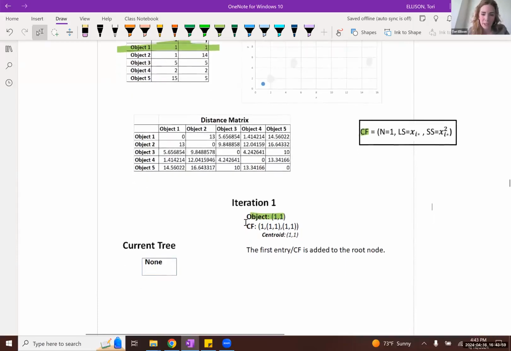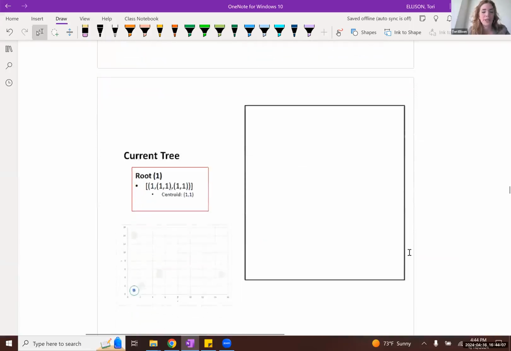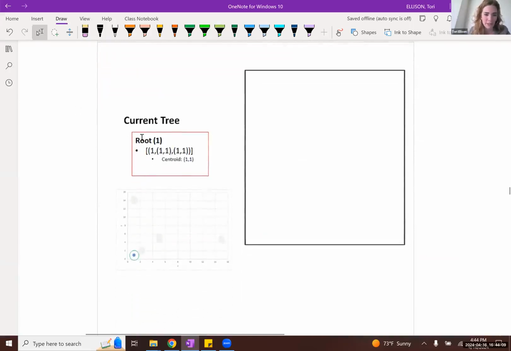So this clustering feature becomes the first entry in the root node. Your current tree is comprised of just the root node, which at the moment is also a leaf node, because it's both at the top and the bottom. It's comprised of just one subcluster represented with its corresponding CF entry. And just for informational purposes, we know that the centroid of this cluster is 1, 1, i.e. the point itself. Okay, it's not too complicated.